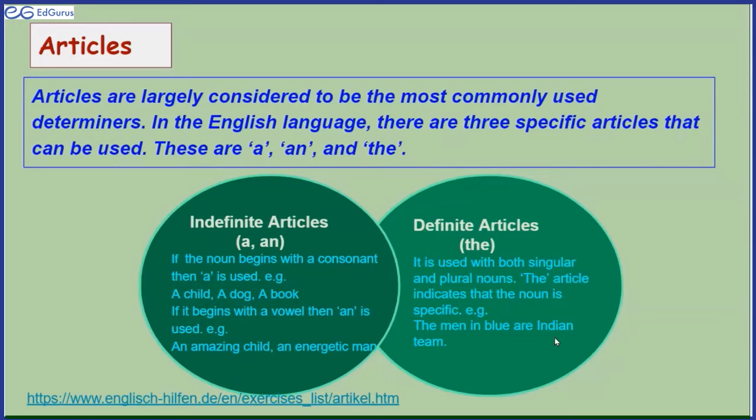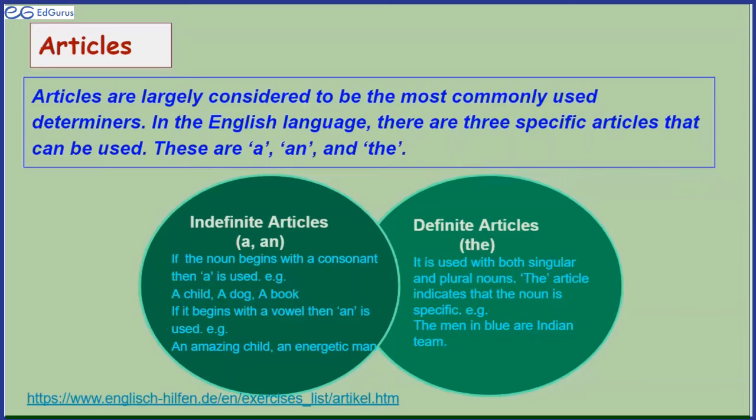Now let's read here. "The" is used with both singular and plural nouns, as we discussed. The article indicates that the noun is specific. The men in blue are the Indian team. So many players are there in the field, in yellow, in blue, in green. But the men in blue are the Indian team.